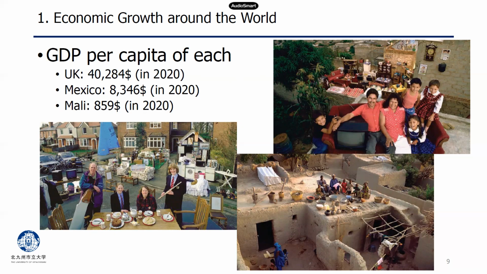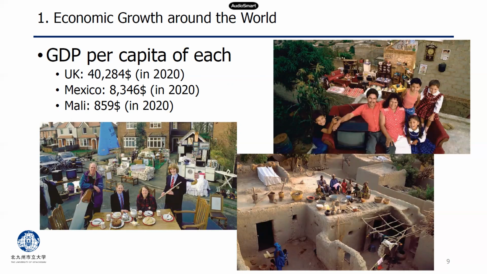The first is the UK, which has around $40,000 per capita income, and Mexico with around $8,000, and Mali with around $800. So you can see that in GDP per capita, the UK is 5 times richer than Mexico.